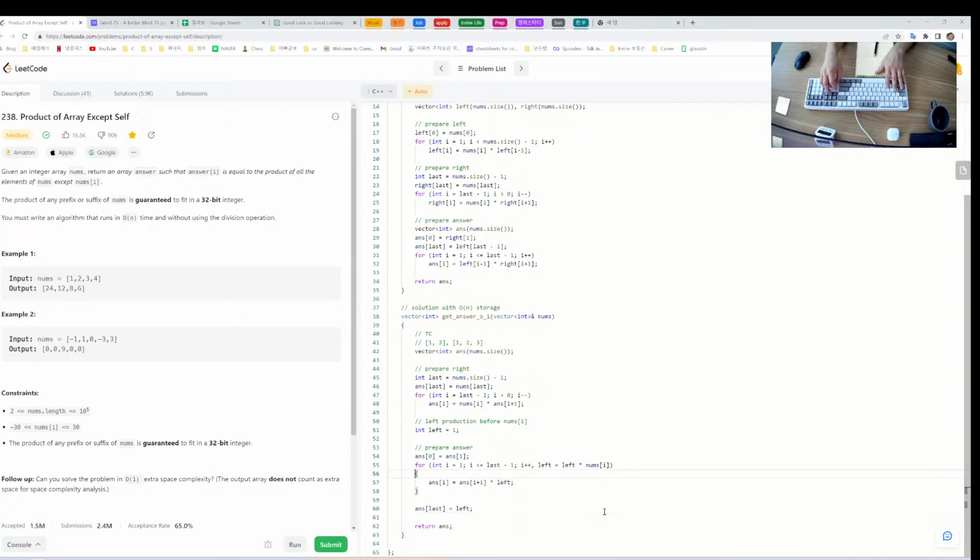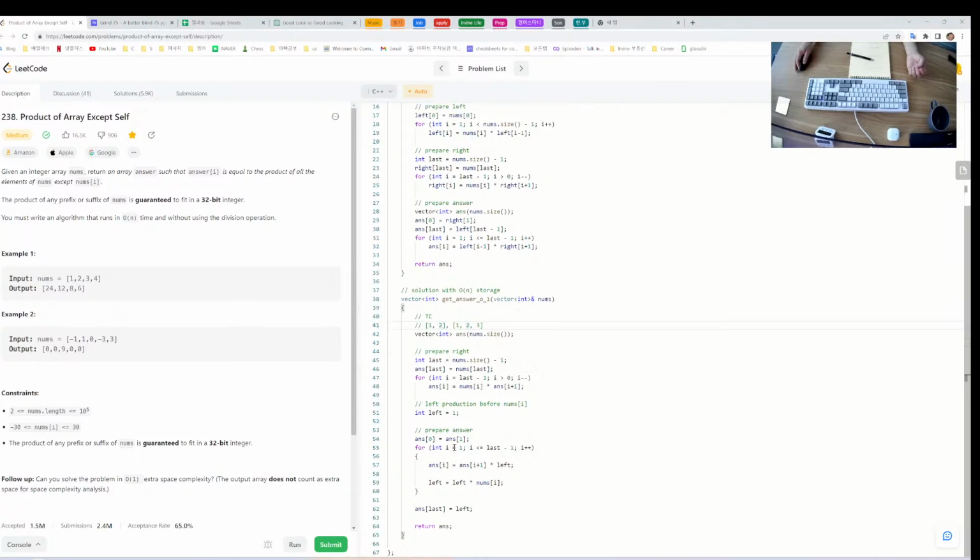This is kinda confusing because let's do this here. So initially, if we think about this, we will have the right array into the answer, and then left is 1.